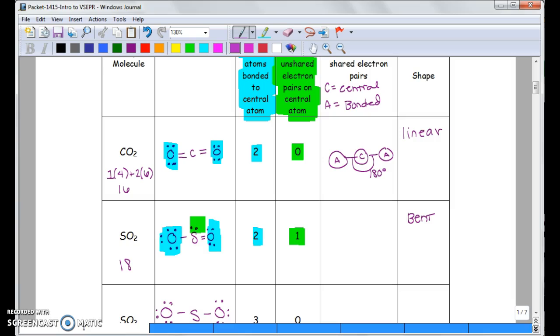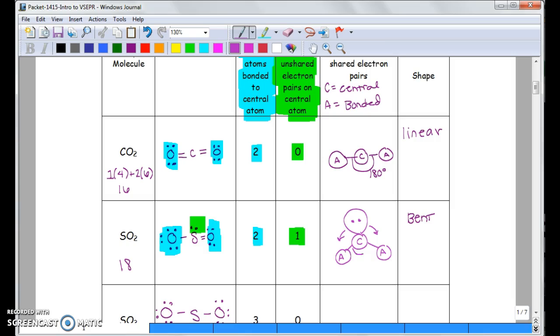So when you have a Lewis structure that looks like this, you're going to take your central atom in the middle, and because of that lone pair of electrons on the top, your bonded atoms are going to get pushed down a little bit. What you can't see in the shape is the lone pair of electrons on the top, and we draw a big circle around it to represent the space that it's going to take up. So we're pushing down on that electron pair, and that gives us this bent shape.